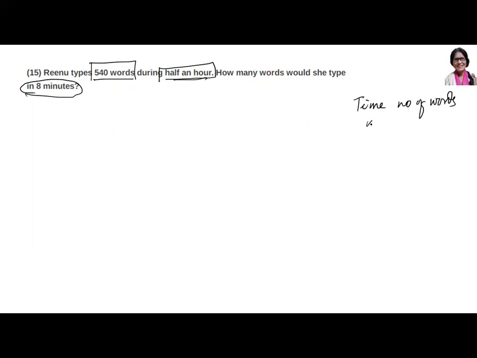More time, more words. Less time, less words. So direct proportion, direct relation. Only thing is here time is given in hour, here time is in minutes. Half an hour you can convert into minutes, it will be 30 minutes. How many words is asked? So we can take it as X.